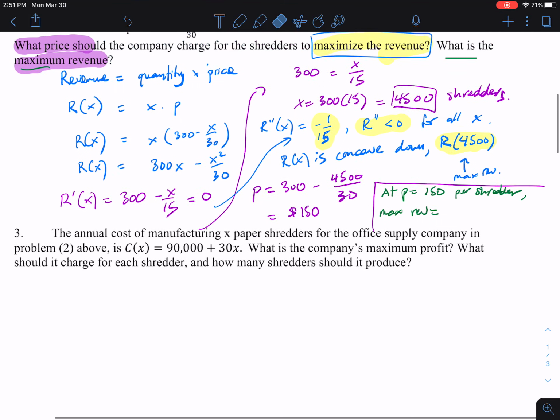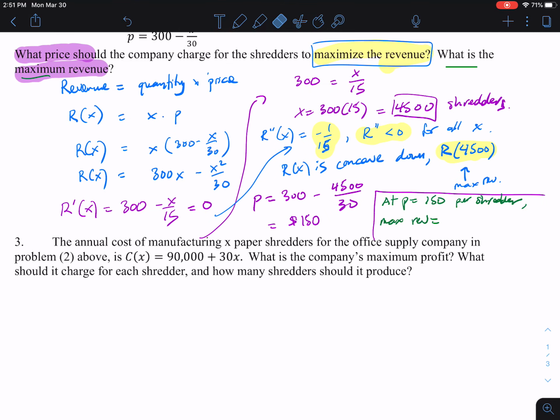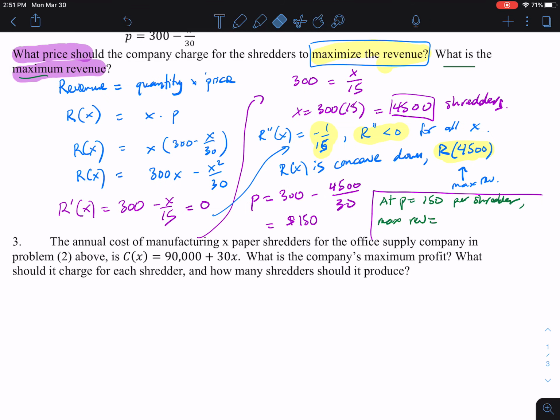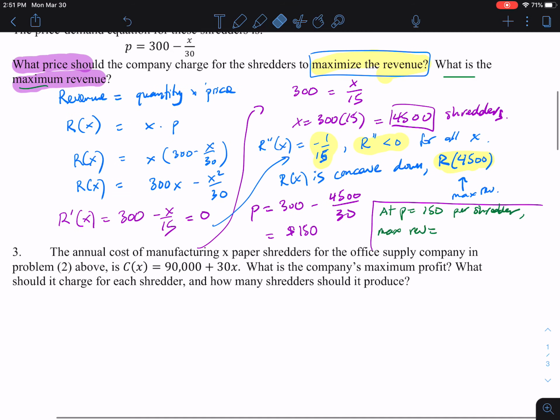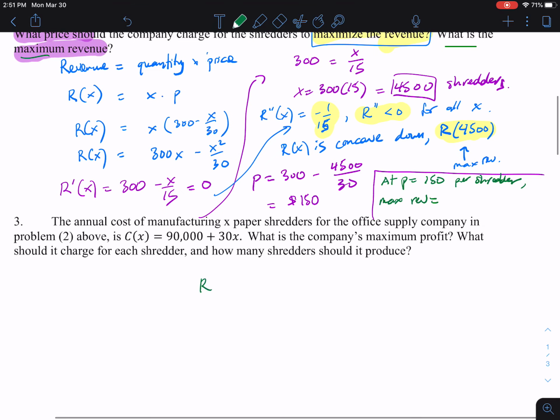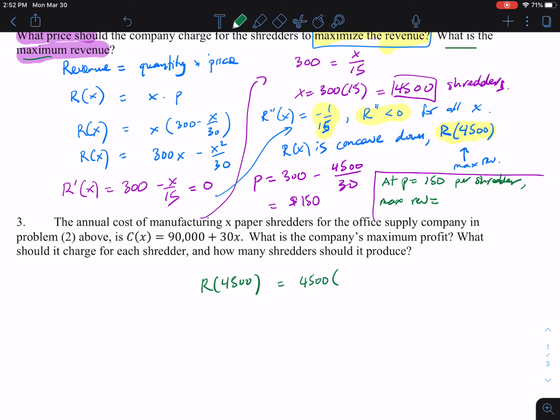So to get maximum revenue, we plug 4,500 in for x. So let's go ahead and redo that there. Actually, let me write that down. So we have R of 4,500 is 4,500 times 300 minus 4,500 over 30, and then that will give us what?